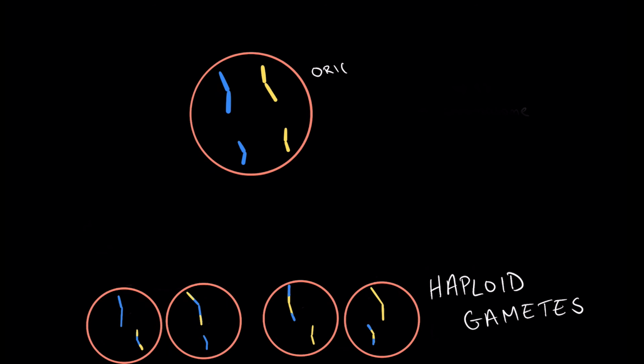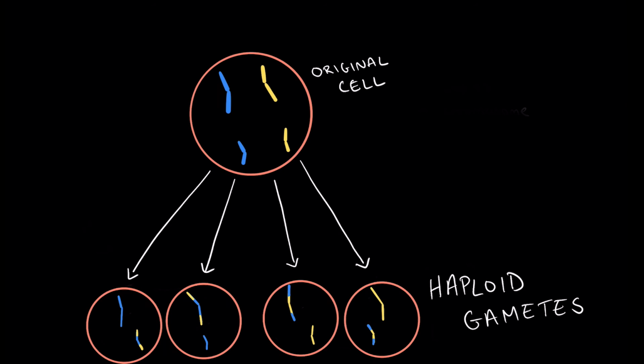And as you can see from our example here, each resulting gamete cell has a different mixture of alleles and mutations and is genetically unique, both from each other and from the original parental chromosomes in the original cell. This comes from both the crossing over that we mentioned before and the fact that the sister chromatids were randomly sorted into the daughter cells.